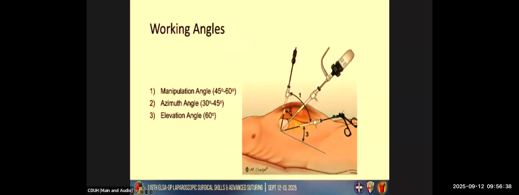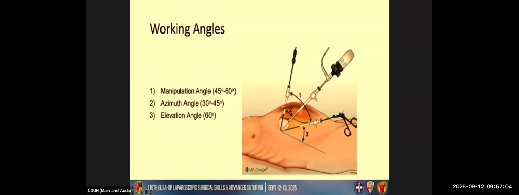Working angles. These are the working angles that we need to know during laparoscopy. The manipulation angle is the angle formed between two working instruments. It is ideally at about 45 to 60 degrees. The azimuth angle is the angle between the instrument and the optical axis of the laparoscope, ideally kept at 30 to 45 degrees.